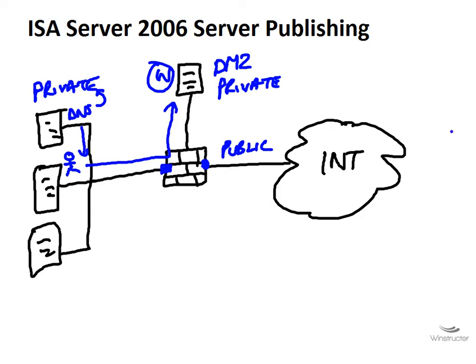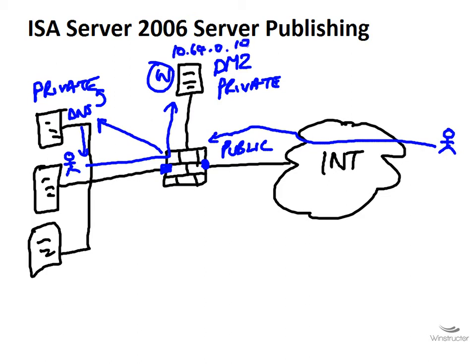However, when a user out here on the internet attempts to access our web server, their computer's request is going to hit our ISA server, and it's going to forward that request on to our DNS server, which of course is our internal DNS server, and it's going to look up the IP address for our web server, which is going to be something like 10.64.0.10, and it's going to send that back.